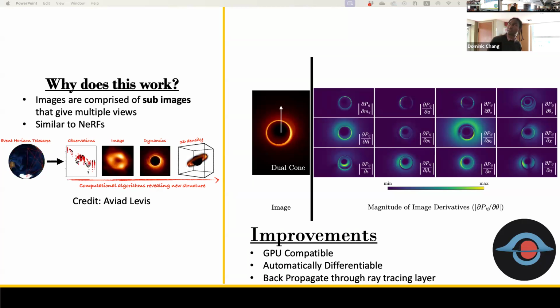It doesn't immediately come to mind how you would use it for that, but maybe. I suppose if you see what directions in parameter space are most sensitive to changes in the EHT image, then you could say the black hole parameters are most sensitive to changes in these pixels in the EHT image, so that might imply that you're sensitive to the photon ring. So maybe there's something there. The immediate way to do that doesn't come to mind. Thank you.